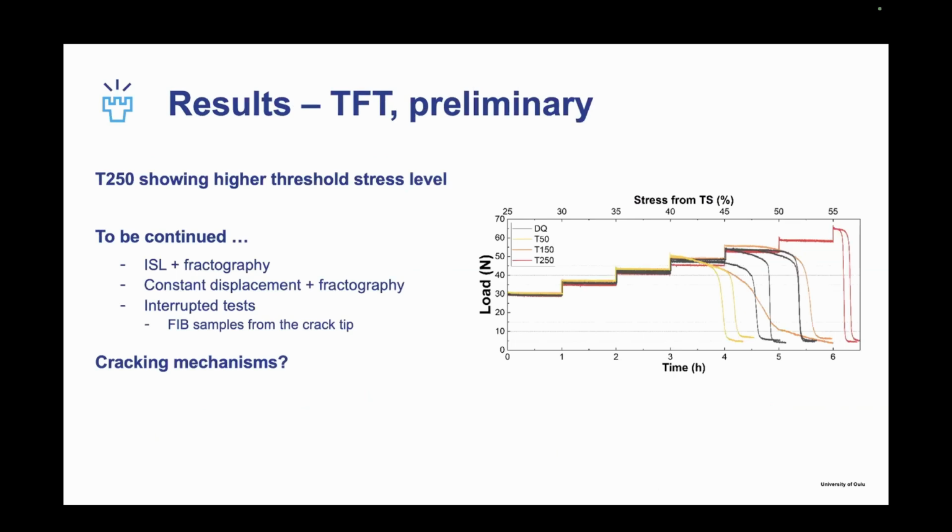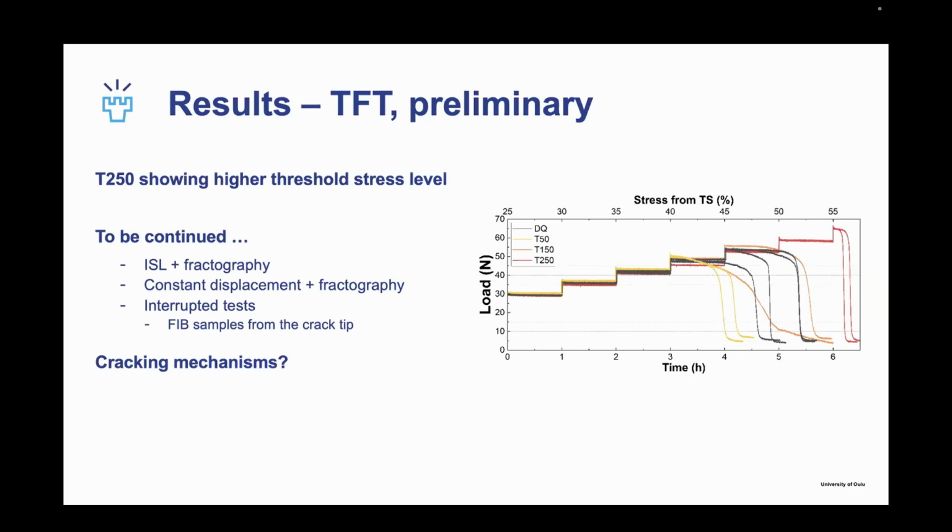Now for the mechanical testing, we really have just preliminary results because this is still an ongoing study. We did incremental step loading for our materials. We started with 25% stress from tensile strength, and then increased it by 5% hourly. Currently we have results for all of the materials, but direct quench, T50 and T150 are slightly overlapping, while we could definitely see an increase for the 250 tempered.